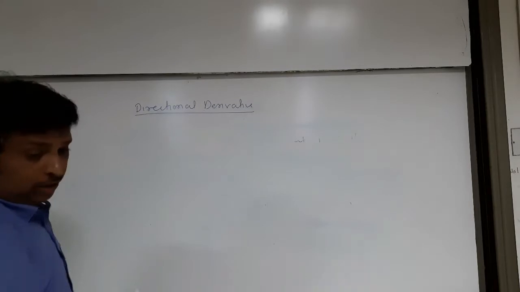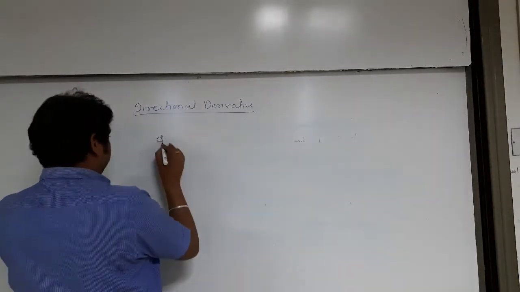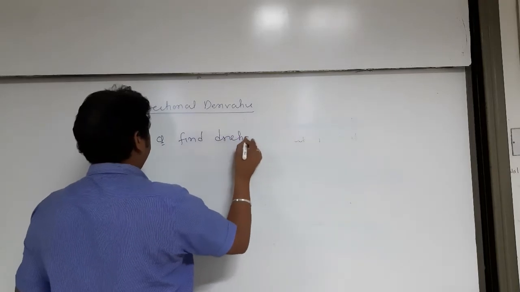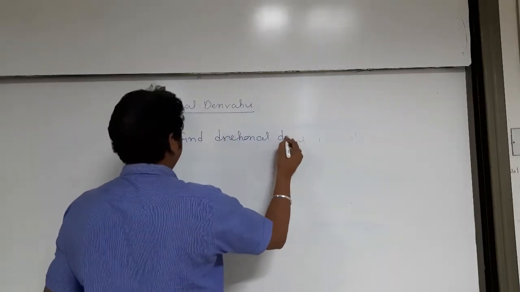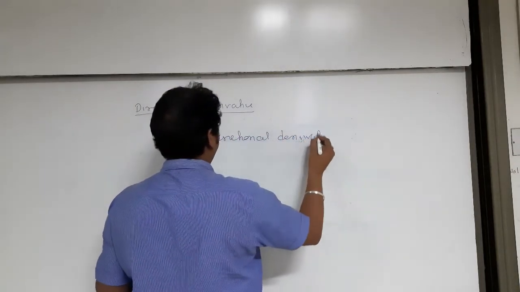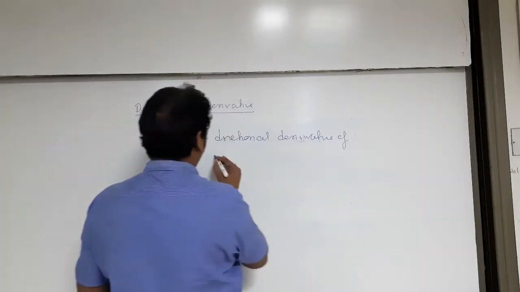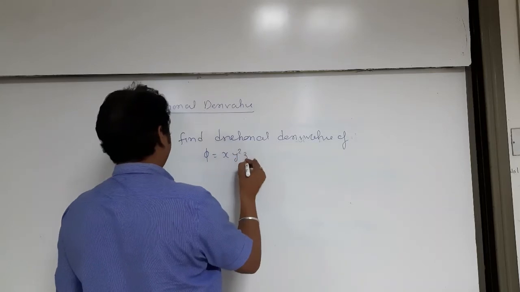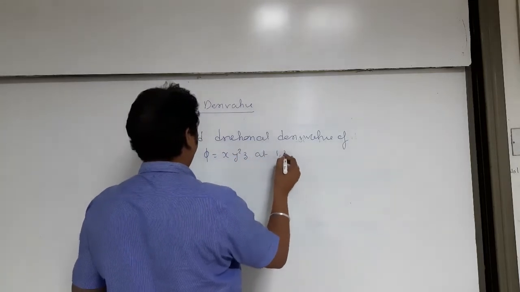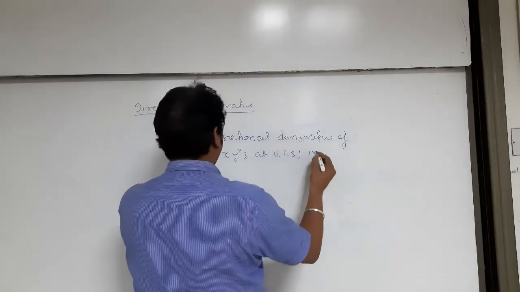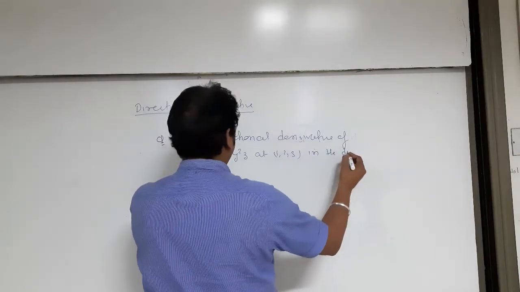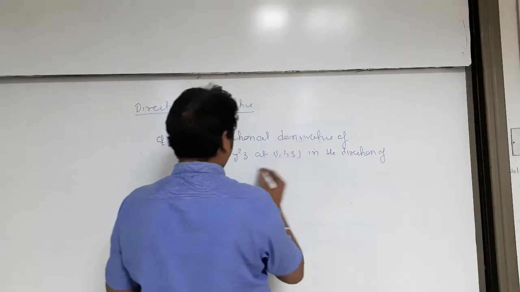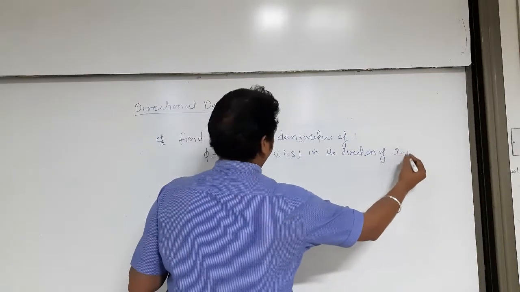So how do we calculate it? The question is: find the directional derivative at 1, 2, 3 in the direction of i plus j plus k.